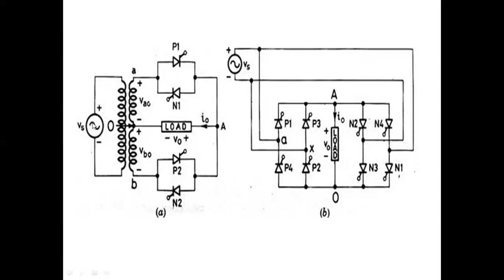Here 50 hertz frequency supply. Across the load we will get output voltage. Let us take its frequency as 100 hertz. Then output frequency is greater than input frequency, which is called step up cycloconverter.